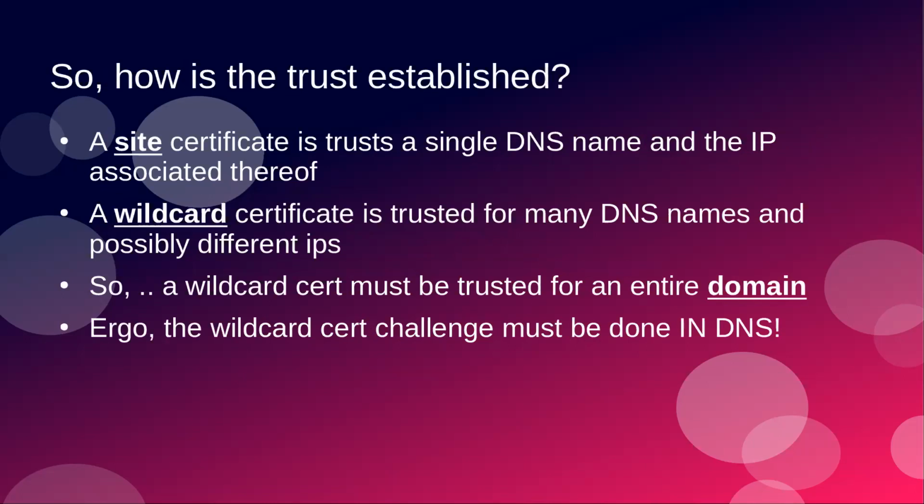A wildcard certificate is trusted for many DNS names and possibly different IPs. So a wildcard cert must be trusted for an entire domain, sluug.org. So how do you trust that? Ergo, the wildcard cert challenge must be done in DNS. Does that make sense to everybody?